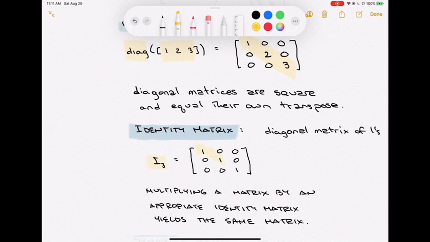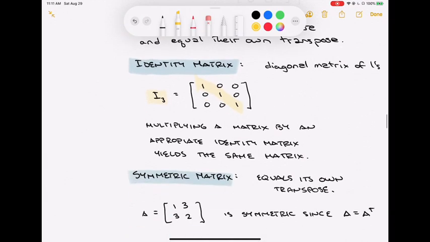It has 1s on the main diagonal and zeros everywhere else. This identity matrix is nice because if you multiply a matrix by an appropriate identity matrix, you'll get back the same matrix. That's why they call it an identity matrix, because it provides you the multiplicative identity from linear algebra. You take something times that identity matrix and you get back the something.